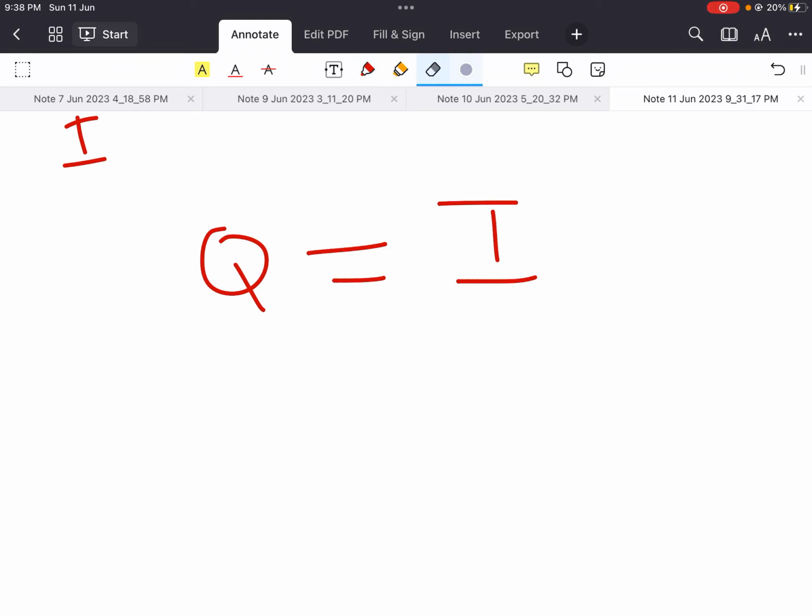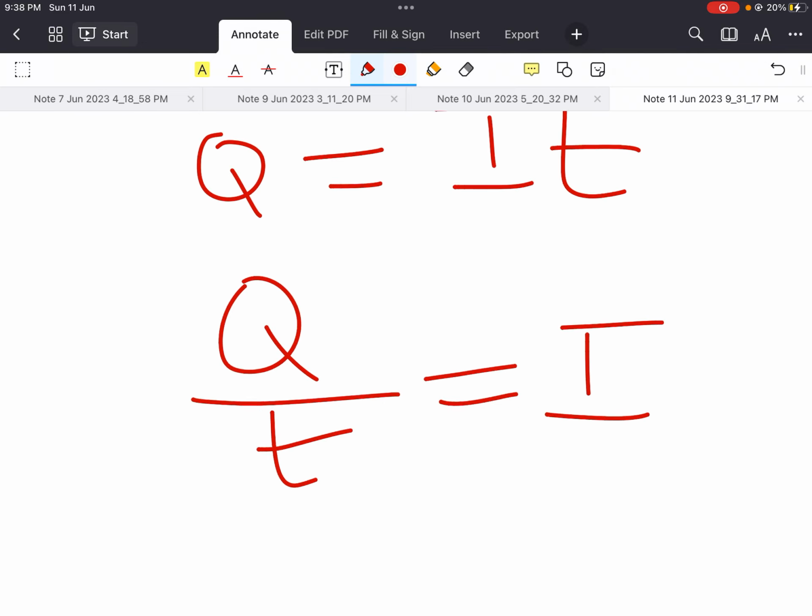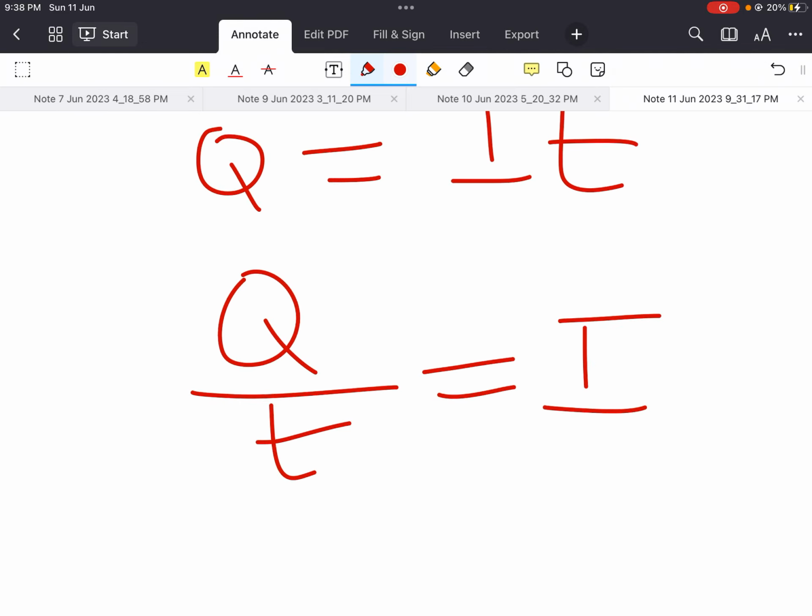Rate of flow of charge means charge per second. So from there you can get this equation Q equals IT, because Q over T, which is charge per second, is equal to I, right? You have rate of flow of charge per second, which is current.